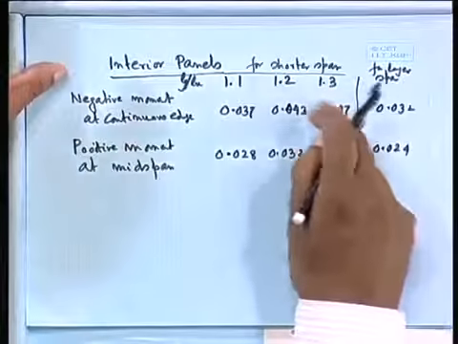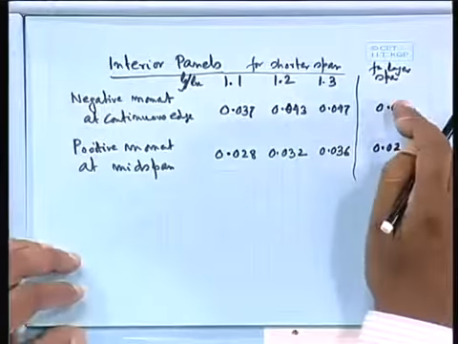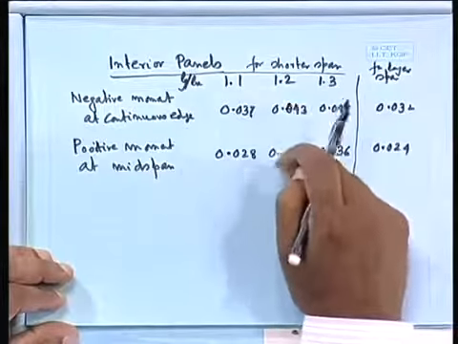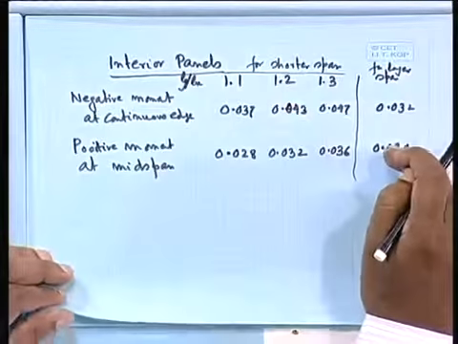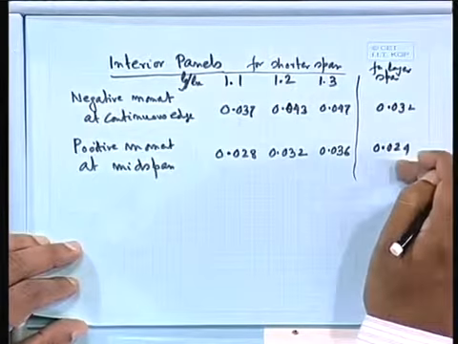So we shall get alpha x, alpha y for the shorter span, alpha x for span and support, alpha y for span and support.